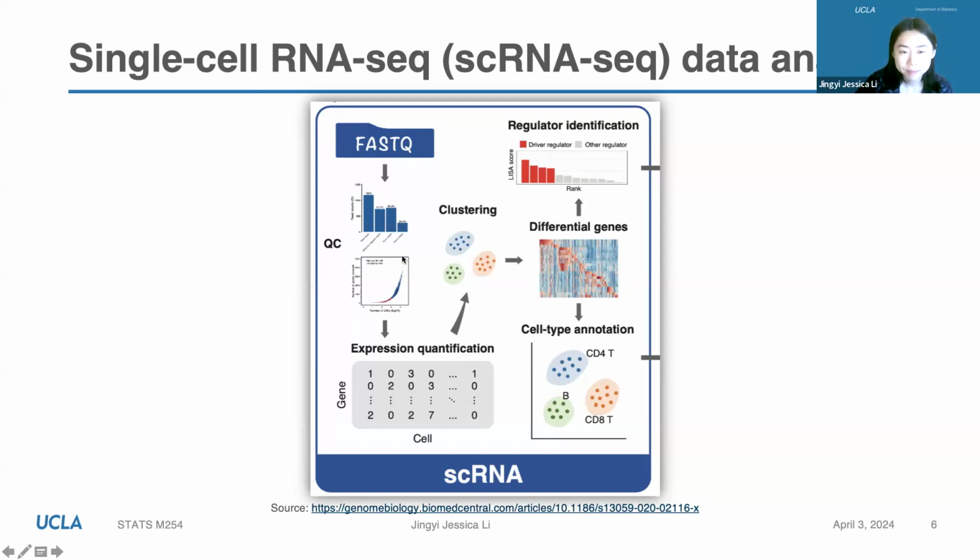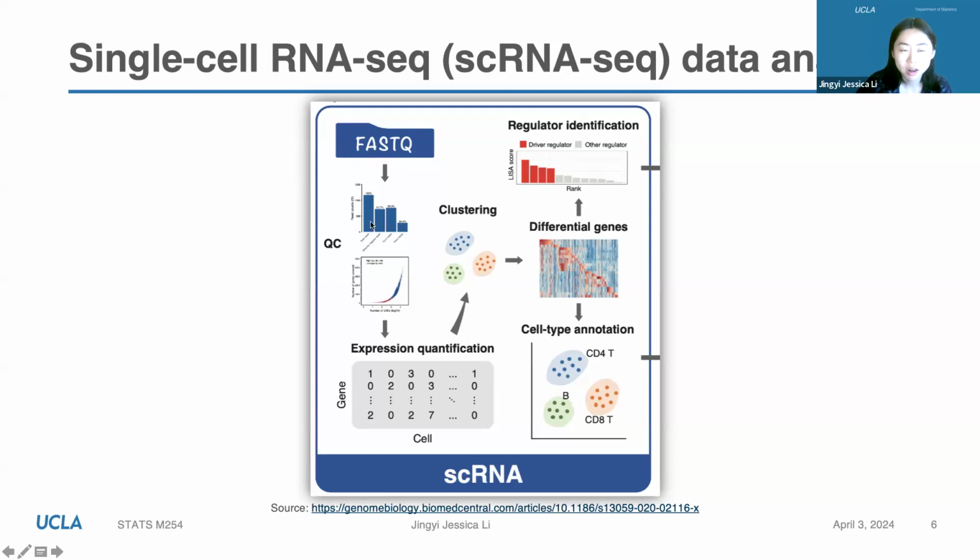And mapping means that you do the sequence alignment. We compare each short read to the reference genome, especially for the species we study most, human and mouse. We do have very good quality reference genomes, even though we're still improving them, but we can say they are good quality for most of the genes we're interested in.